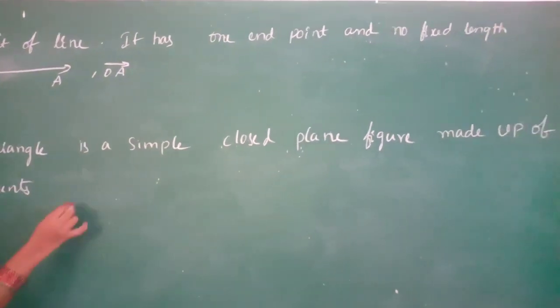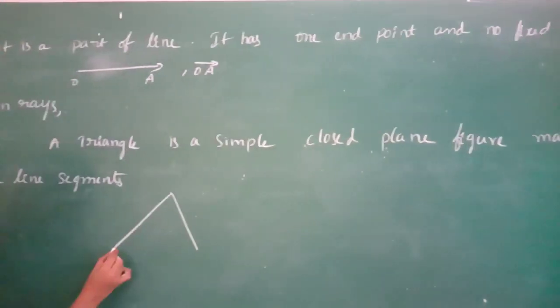Plane means like this surface. Three line segments. What is the diagram for triangle?